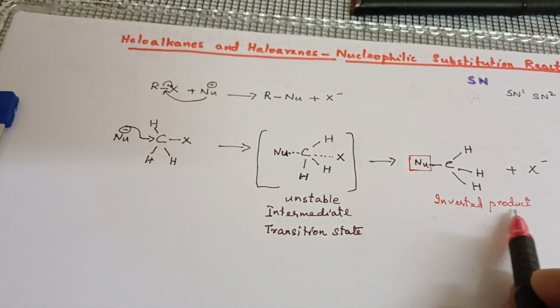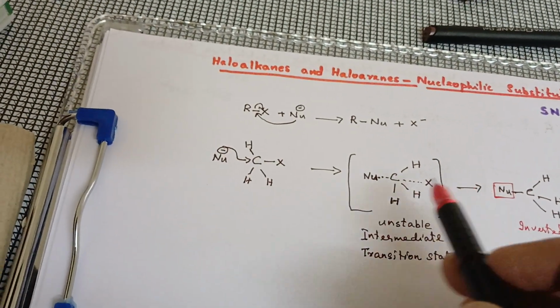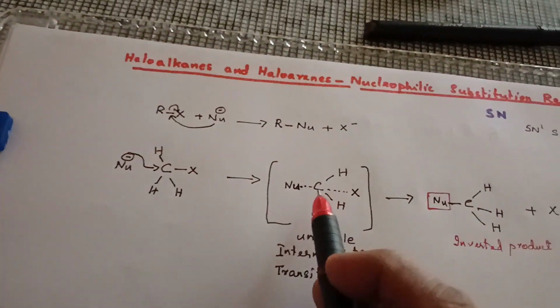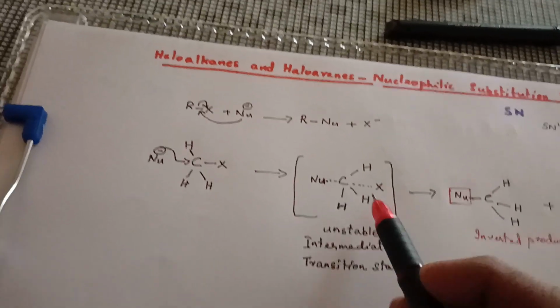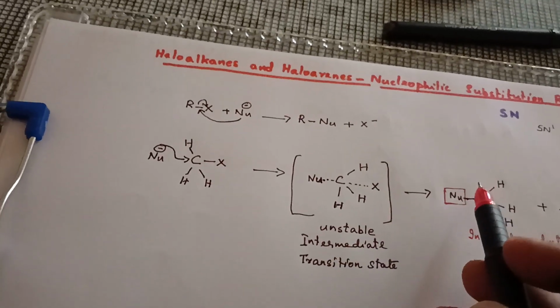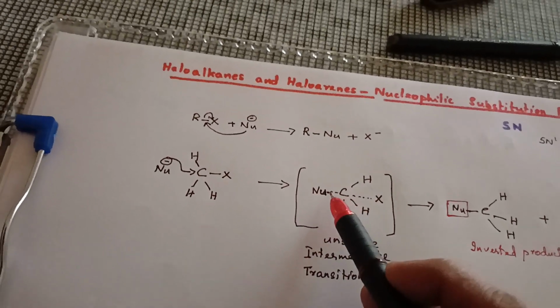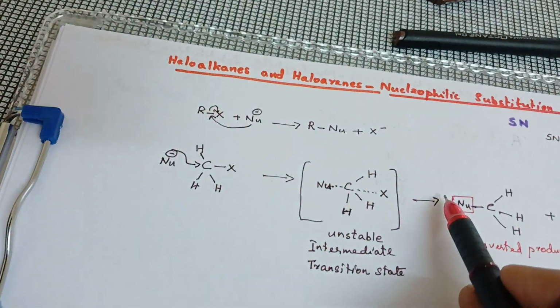This is an inverted product because the nucleophile attacked, or the nucleophile got attached to the carbon from the opposite side of the leaving group. The leaving group is this halogen. So the attacking nucleophile came in a direction opposite to that of the leaving nucleophile.